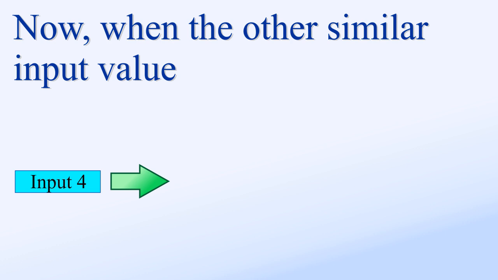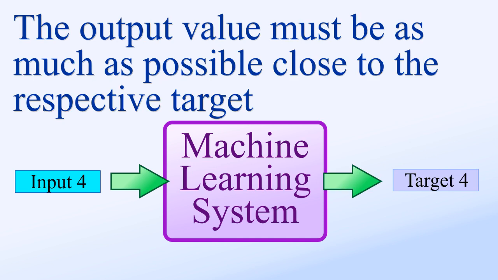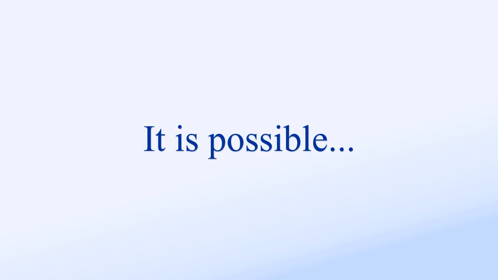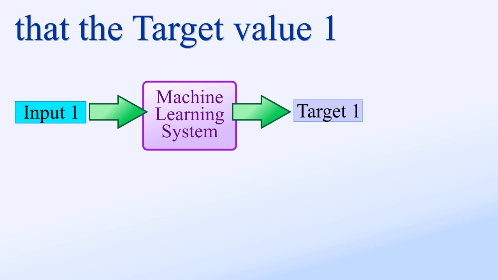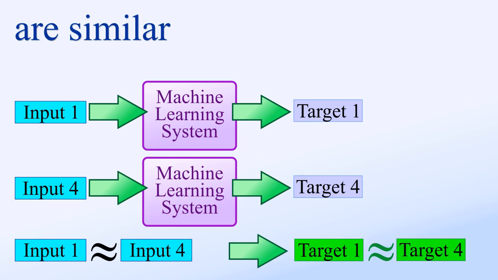Now, when the other similar input value is applied to the same machine learning system, the output value must be as close as possible to the respective target. It is possible that target value 1 and the other target value are similar.